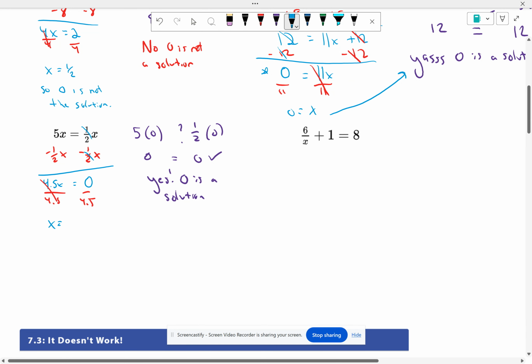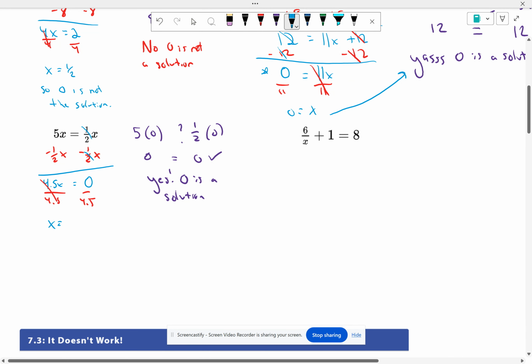Now this last one, I'm curious what you guys tried on this one. If I were to plug in 0 here, what is 6 divided by 0 plus 1? Well, the thing is, this right here is undefined. You can't actually divide by 0. If you guys tried that on your calculator, you would have gotten something like an error.